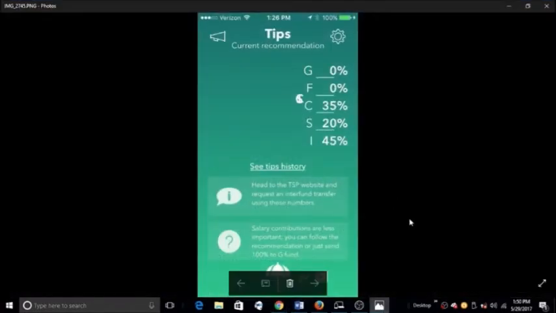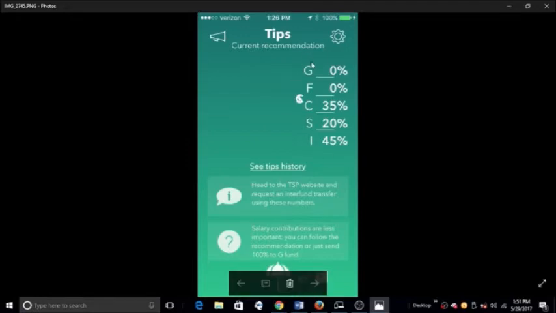This is somebody else doing the research and telling you where you should be putting your funds. So if you don't want to do any research at all and you want to do better than the life cycle funds, I would suggest getting this app for your phone, TSP Tips. It's in the App Store. For the first, I think, 6 months it's free, and then after that it costs a small fee. But that's so worth it, guys, if you're making more than that on your funds.